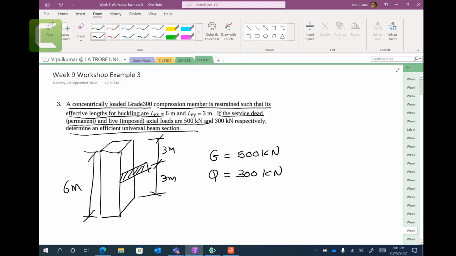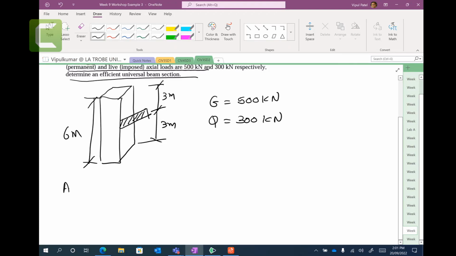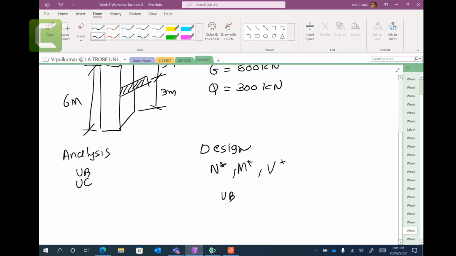One is the analysis question, where the beam section is given to you, let's say UB, UC or parallel flange section is given, and you calculate the capacity. The other is a design question. They give you N star, or M star or V star, the design load, and you estimate what UB and what UC to use.